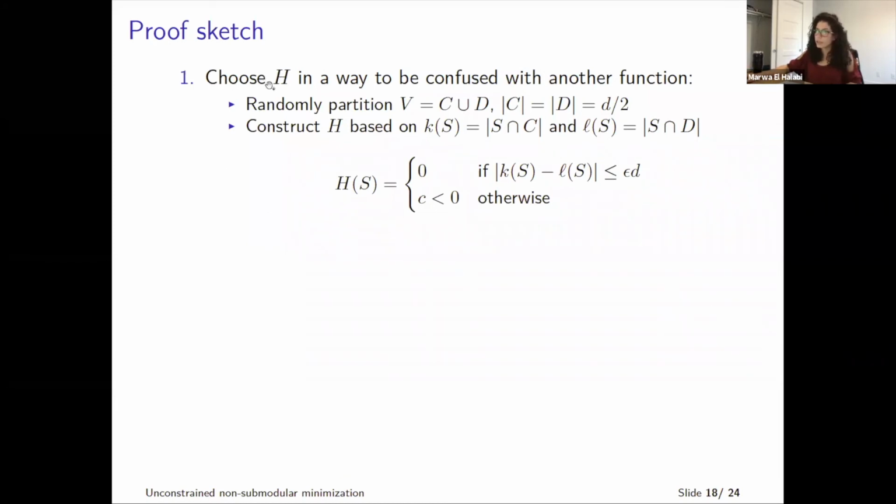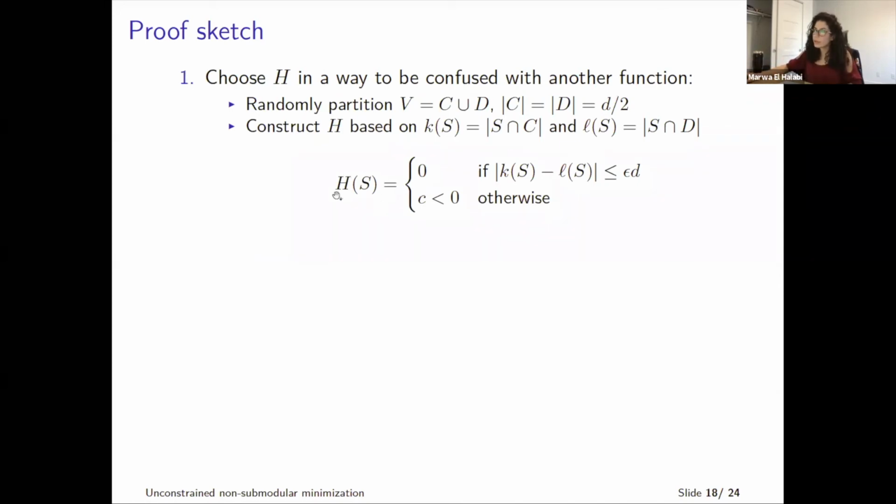To do that, we can construct a function h. First, we take our ground set and take a random partition of it into two sets, C and D, both of which have half the size of the ground set. We construct a function h that will only depend on the value of a set S on the intersection with these two partitions.